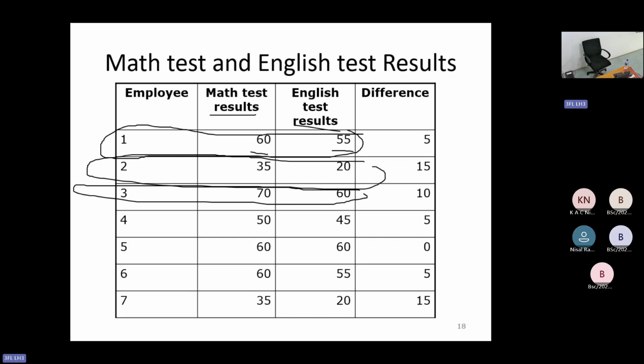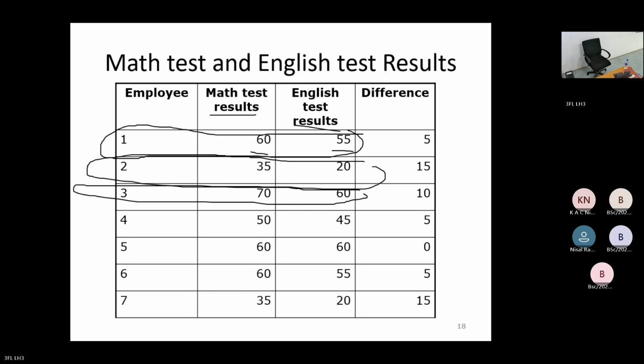So it's a situation where it's a paired sample. Although there are two sets of marks, for mathematics and English, they are paired by an employee. Are they two independent marks obtained by two separate employees?